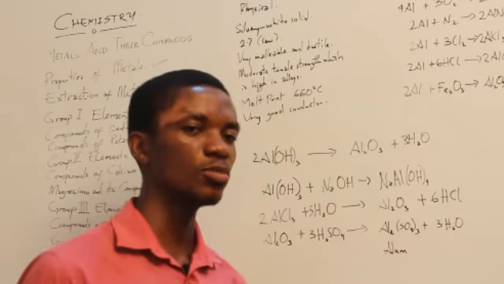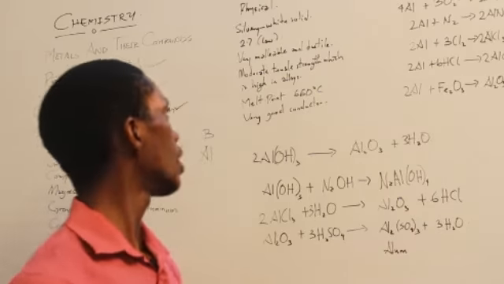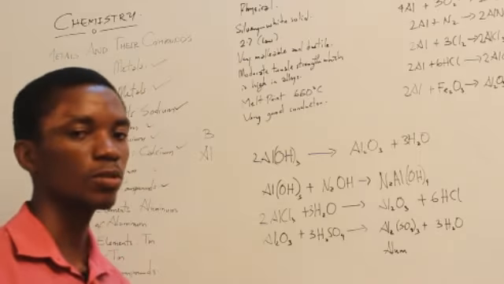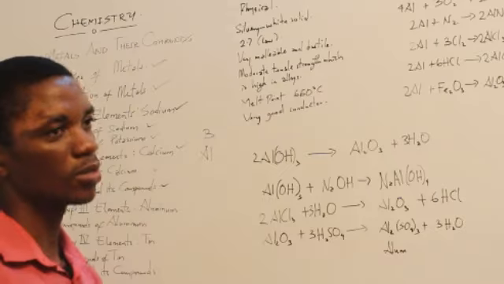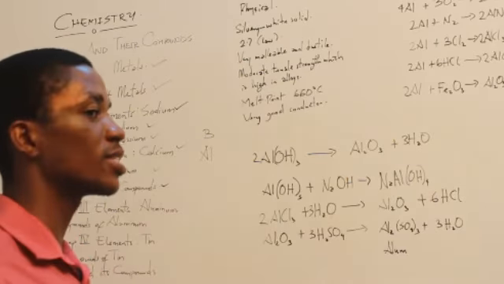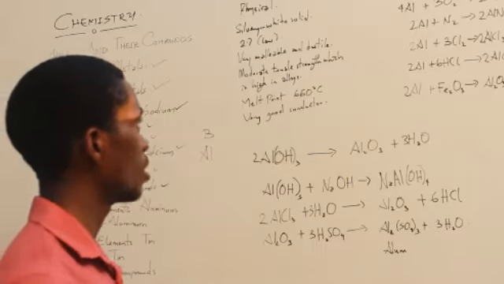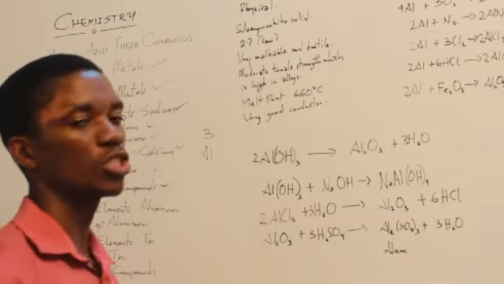Let's concentrate on aluminium. You will notice that aluminium is actually a solid at room temperature, a silvery white solid. It has a relative density of about 2.7, which is still low. It is very malleable and very ductile. It can be drawn into wires and rolled into sheets.